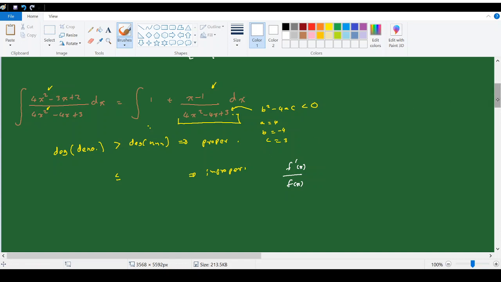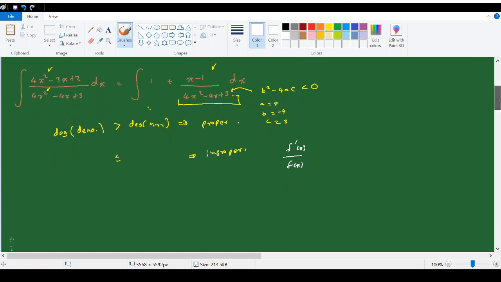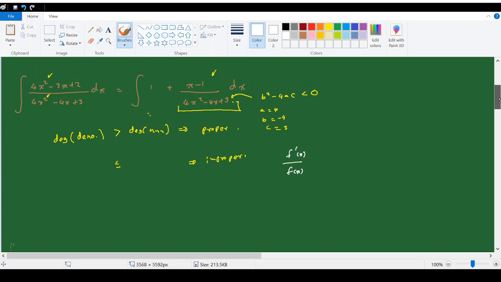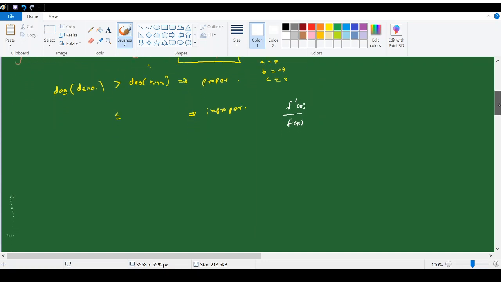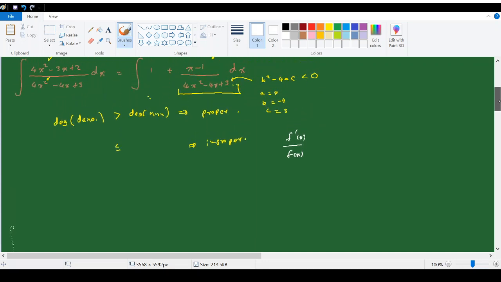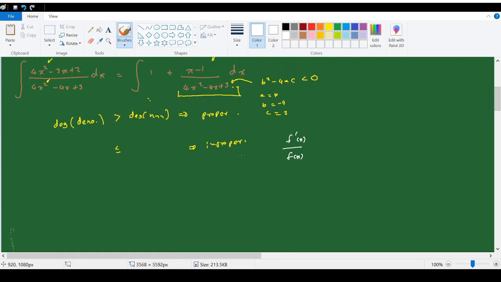Right, now this is kind of a new thing that we are going to learn. It's not a difficult thing, or a long theory part. It's just a small calculation that we should adopt when you have an irreducible quadratic term in the denominator, and when you have a first degree polynomial in the numerator, right?